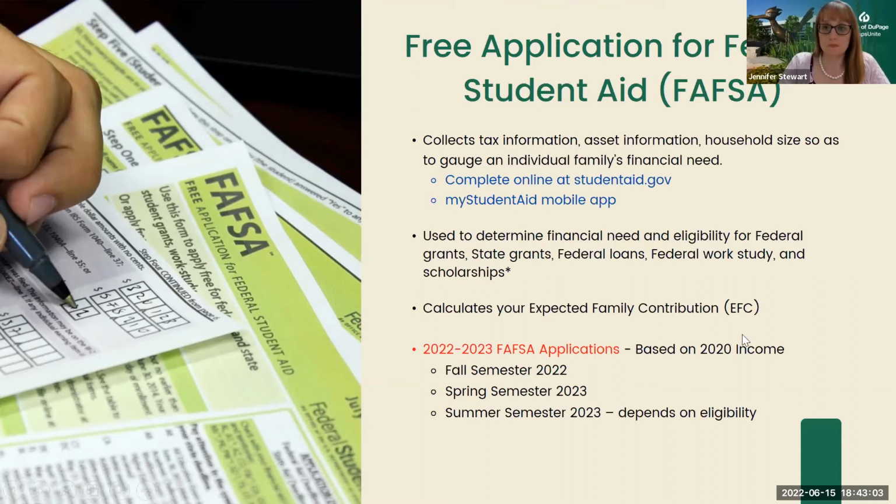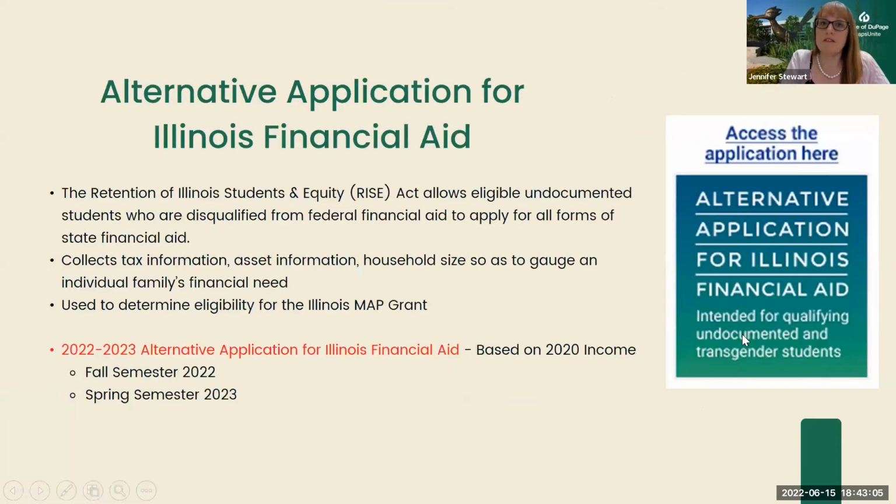Okay. Now, to file the federal application, you do need to be either a U.S. citizen or an eligible non-citizen. In the state of Illinois, for those students that fall outside of that, so that would be students that are undocumented, students that fall under DACA, those students that don't qualify for the federal application, the state of Illinois, through the RISE Act, has created an application to allow those students to apply for that state grant called the Illinois MAP grant.